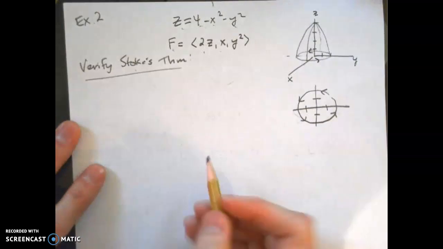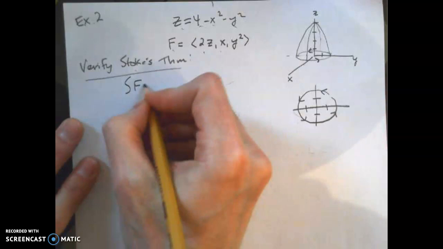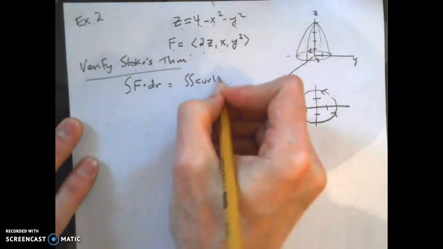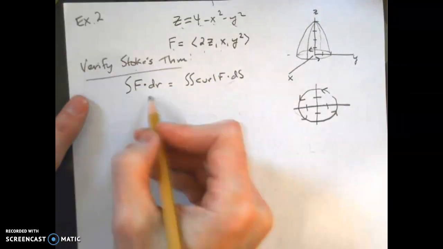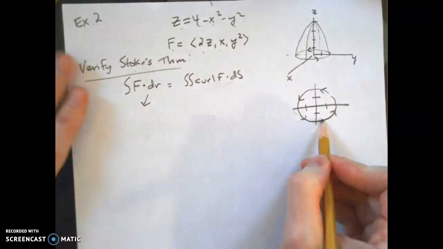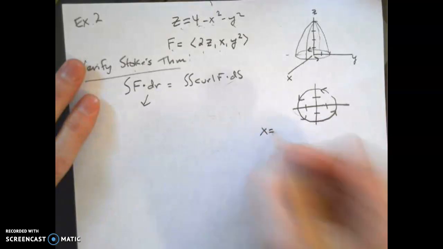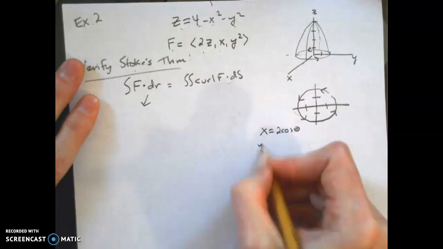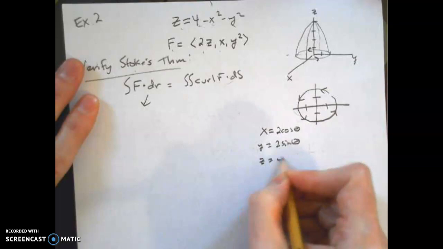Okay. So verify Stokes' theorem. Again, Stokes' theorem says the line integral of F dotted with dr is equal to the double integral of the curl of F dotted with dS. So first I'm going to do this one, F dotted with dr. So I have to parametrize this curve. x is equal to 2 cosine theta, y is equal to 2 sine theta, and z is equal to 0.